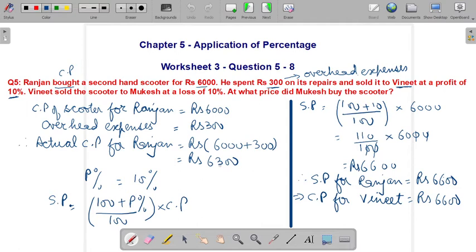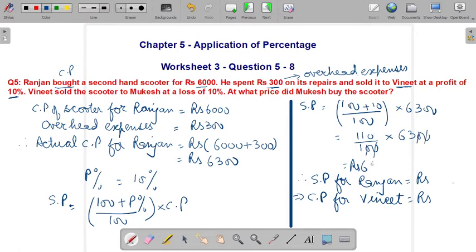Here we took the cost price as 6000. Here it's a mistake. So instead of 6000, what should it be? Actual cost price is 6300. So let's do the change here. This is 6300.